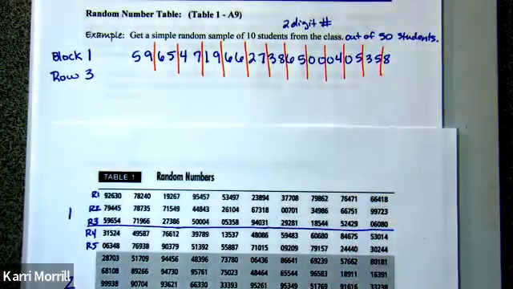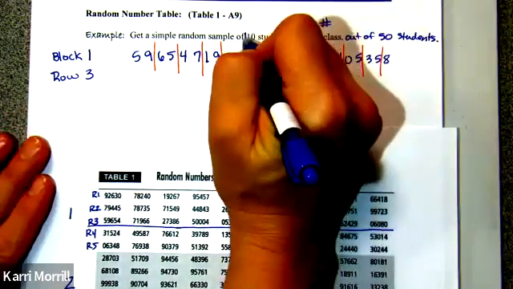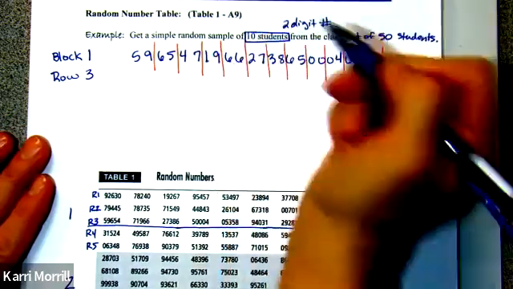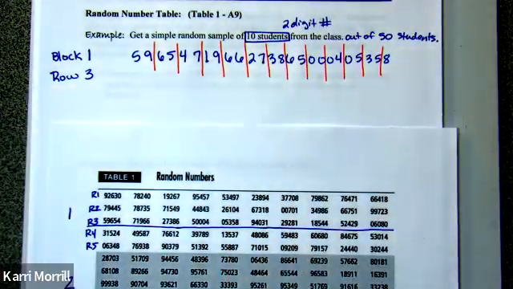Like that. And you may sometimes need to go further with your rows. We'll just see if it works for us, but we're going to sample 10 students from the class out of 50.